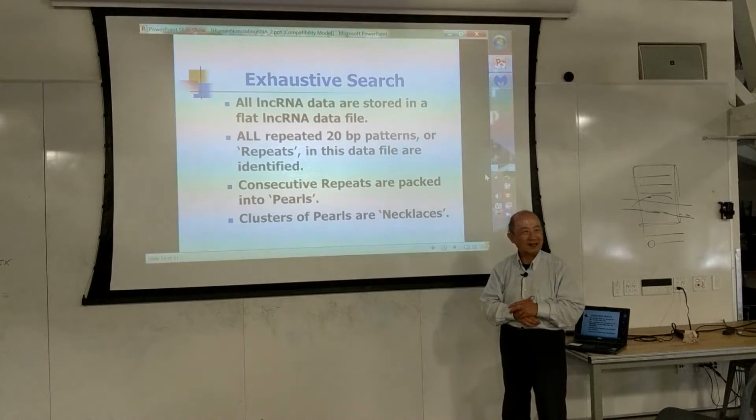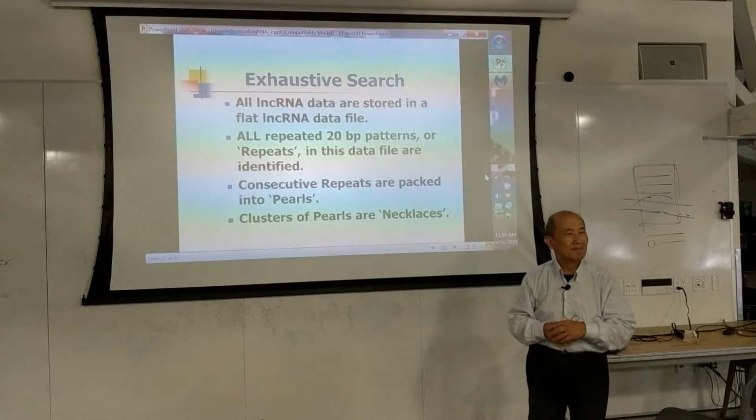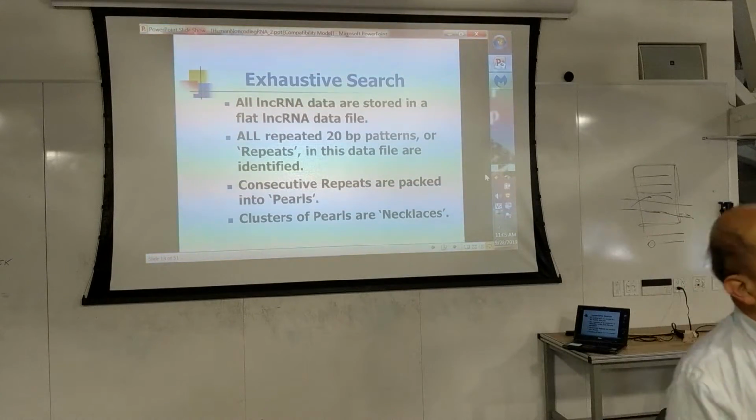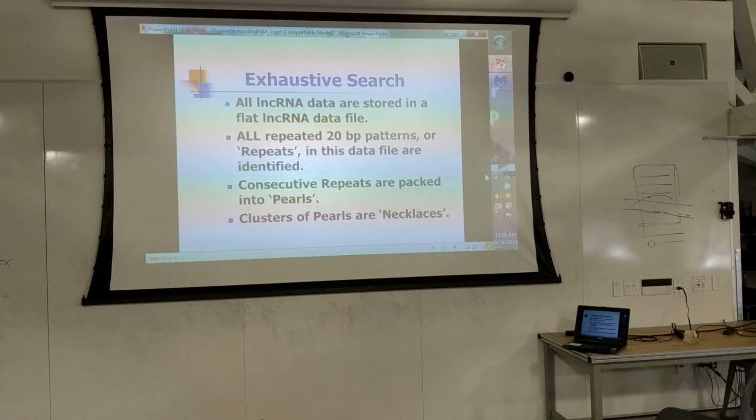The cluster is the pairs: there are lots of consecutive repeats, and these repeats are packed into pairs. If you look into the data, pairs are separate repeated patterns of 20 base pairs or longer, sometimes very long.